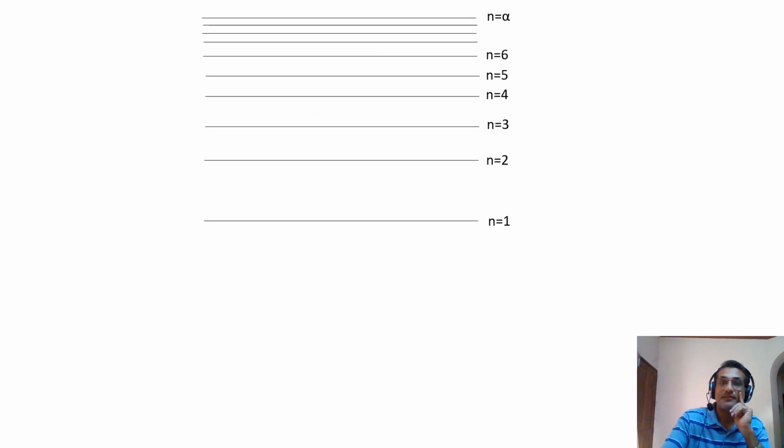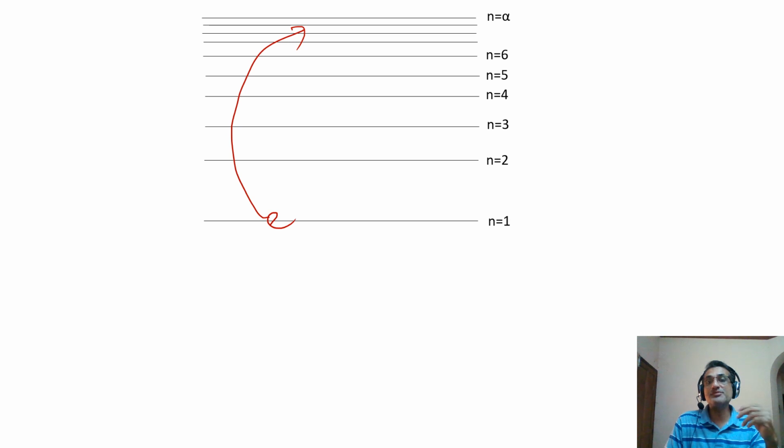But when this electron is absorbing a higher energy, it will be promoted to a higher orbit. If it is absorbing lower energy, it will be promoted to a lower orbit. But once it attains an extra energy with it, it's no longer stable. That is the law of the universe.